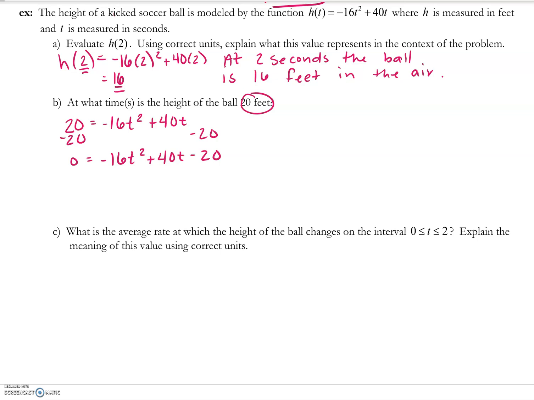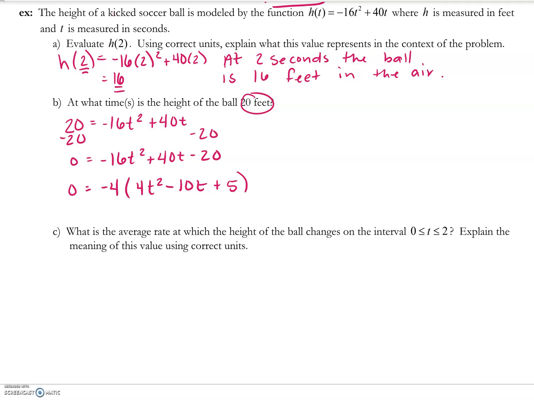These numbers are all really big when we're factoring, so it's especially important right now to look for a GCF. I know that I can take a negative 4 out of all of those terms, and it'll just make my numbers a little bit smaller and a little bit more manageable for when I'm actually factoring. I need to be sure that I'm paying attention to my sign since I took a negative number out.